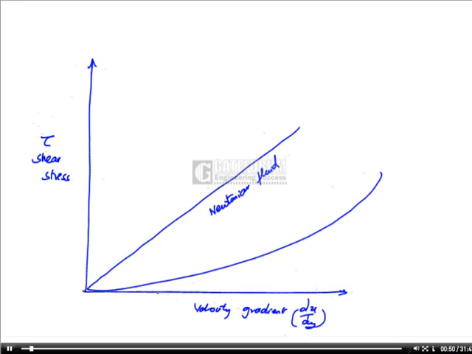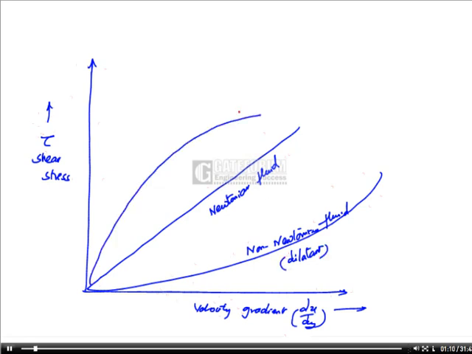This is non-Newtonian fluid, not having a linear relationship between shear stress tau and velocity gradient. This is also known as a dilatant fluid.